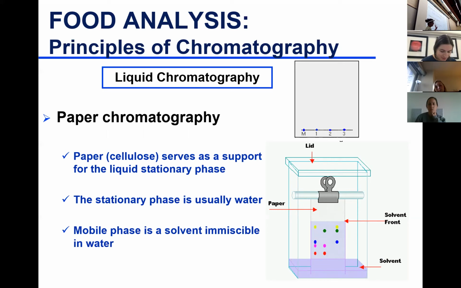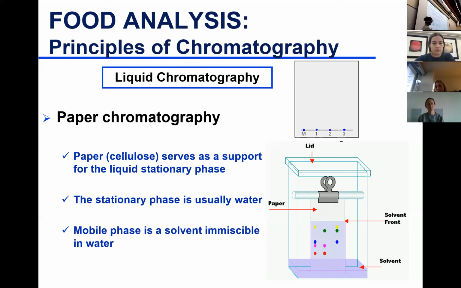So under liquid chromatography, if you remember when we talked about the different formats, we had planar chromatography and column chromatography. So for planar chromatography, there's the paper chromatography and thin layer chromatography. They're mostly qualitative. You can do semi-quantification by looking at the intensity of the spots, but it's mostly qualitative to see what you have in your sample, if it's present, not present, distribution of the different components.